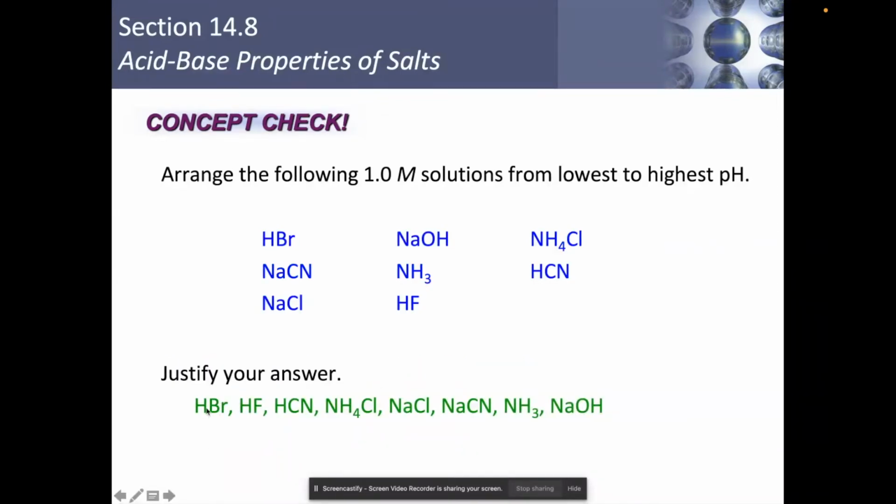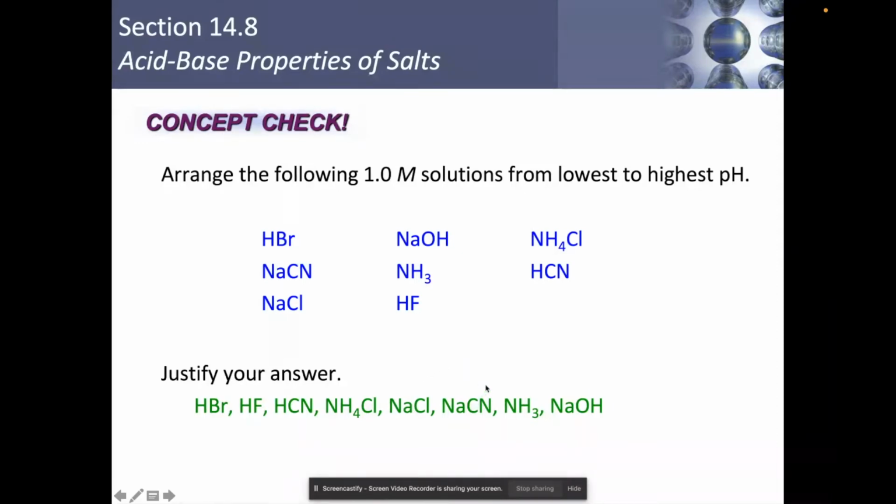So we would put our strong acid, and we would look at the Kb values for the rest. This is the ammonium ion, which is making it slightly acidic. This is our neutral one. So we've got NaCl.